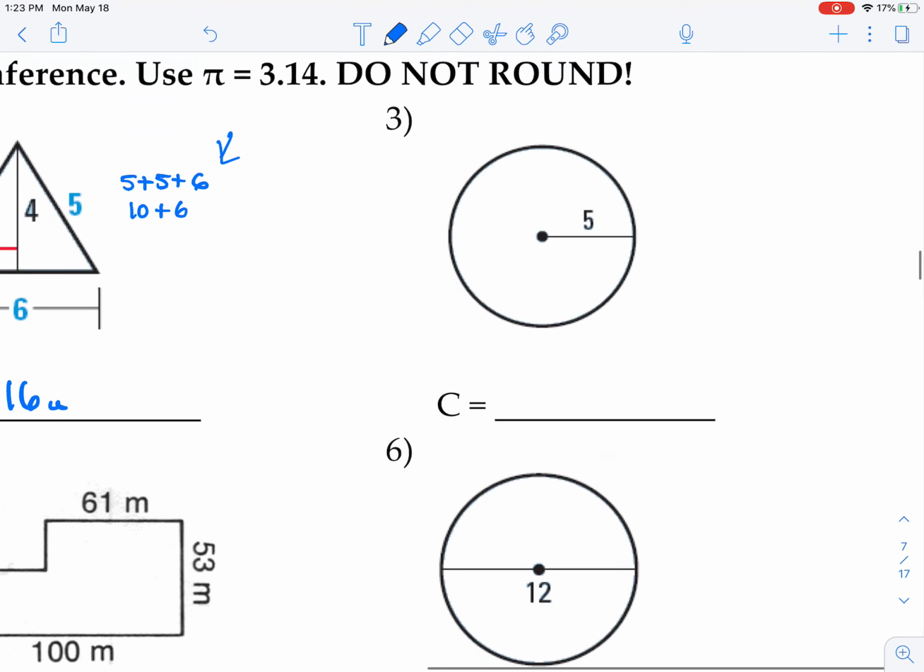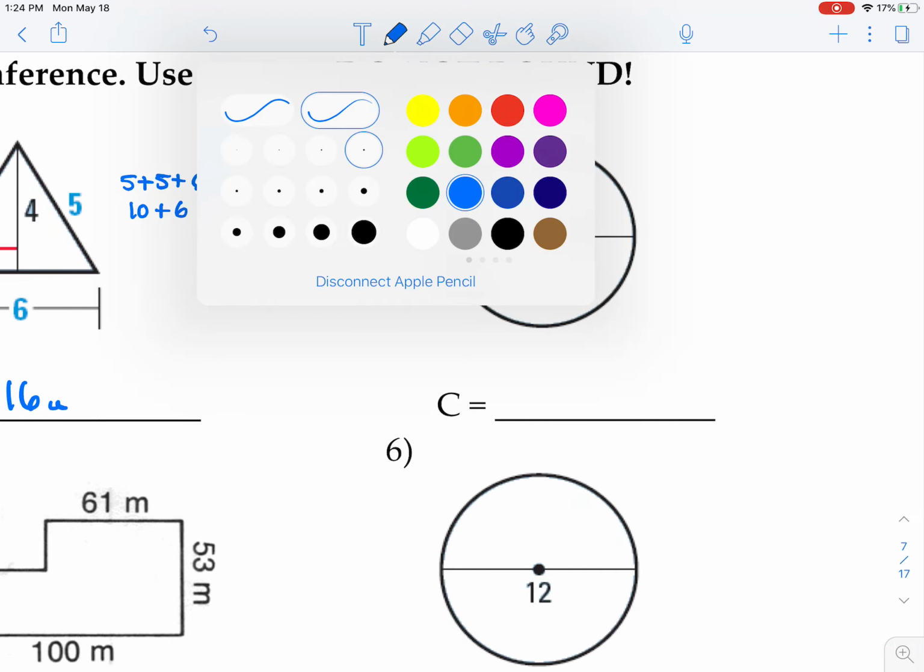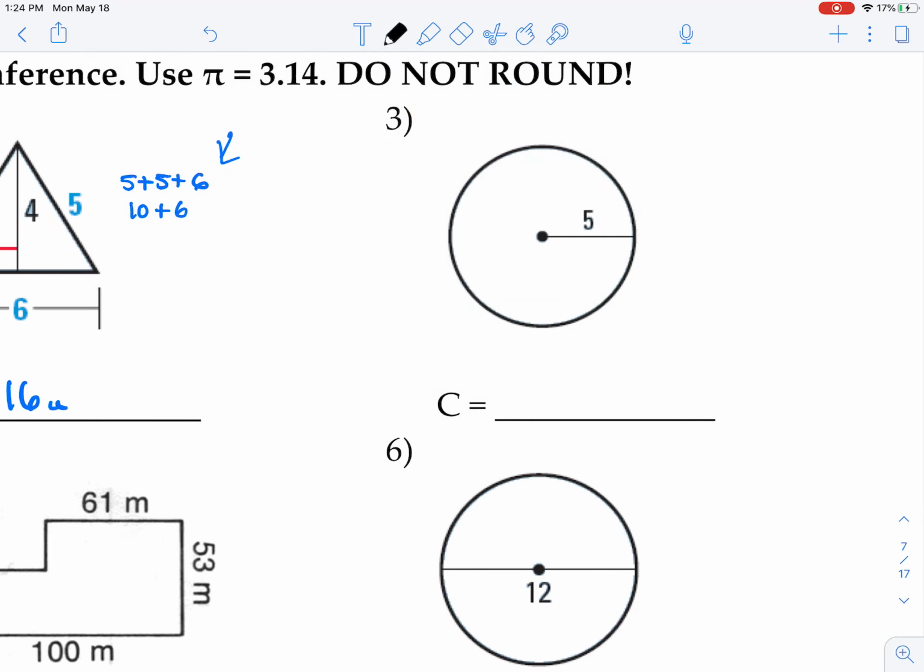So here we are finding circumference. Since circles don't have sides, we cannot add all the sides. So we must use a formula: 2 pi r. 2 times 3.14 times the length of the radius, which is 5.